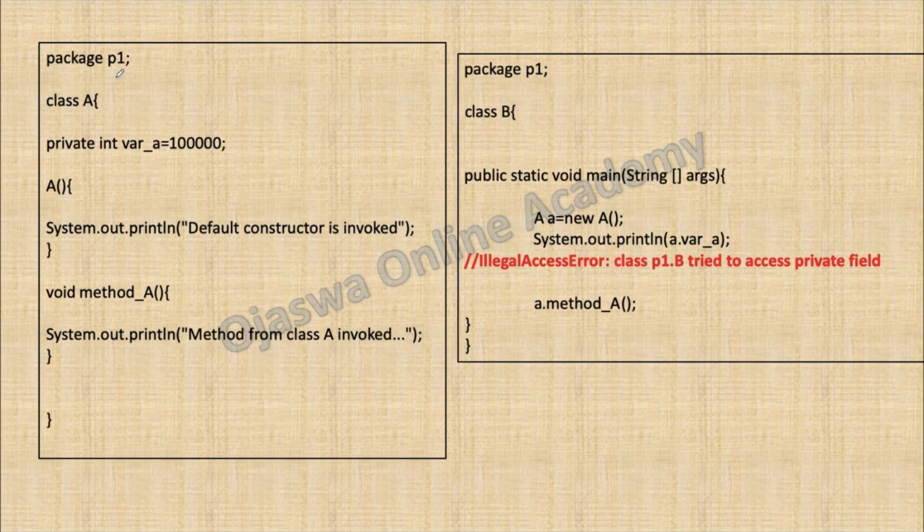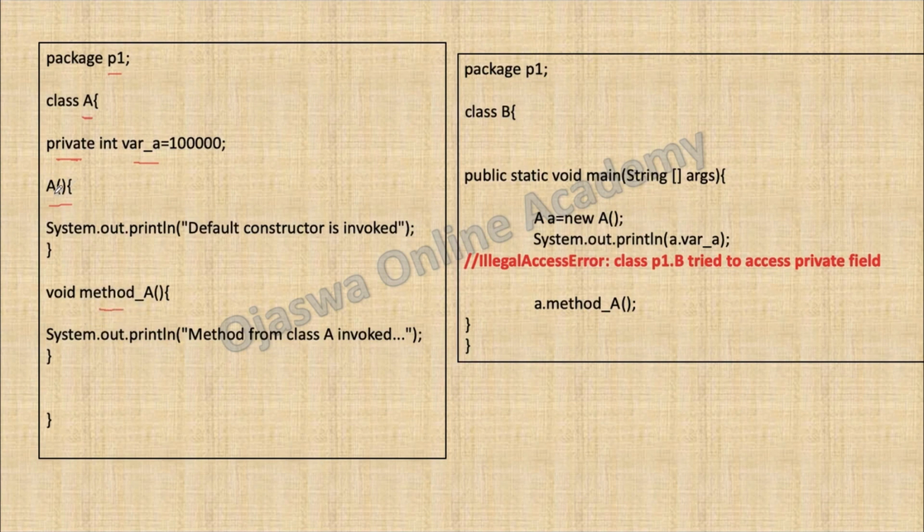Now let us try to understand this program that demonstrates the private access modifier. We have defined package P1 and we have defined class A inside package P1. We have an instance variable var_A of type int, and this instance variable is declared as private. We have assigned some value to it. Then we have a constructor and we have a method.